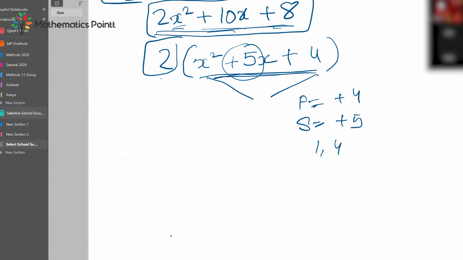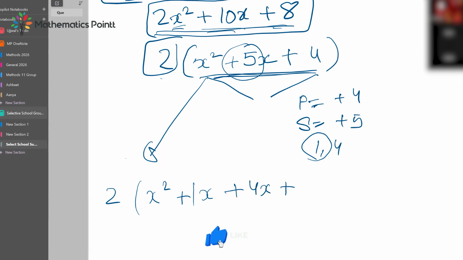Let's do this bit, and I'll keep this 2 sitting at the front as is. This becomes x square plus, now I will not write 1x, I will just write x. If you want to write 1x, it's okay. You can still write it. Plus 4x plus 4.